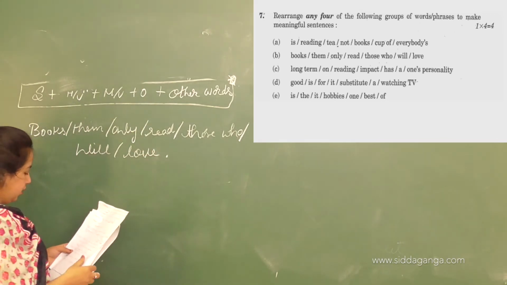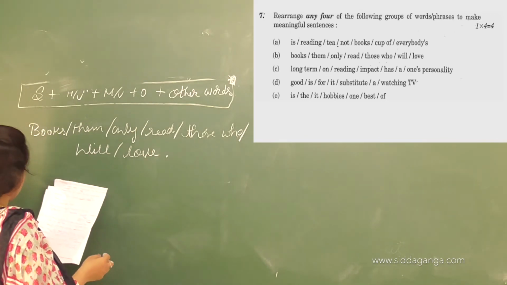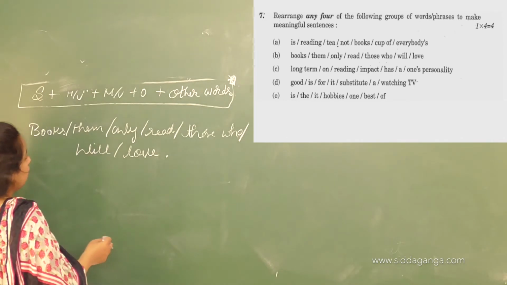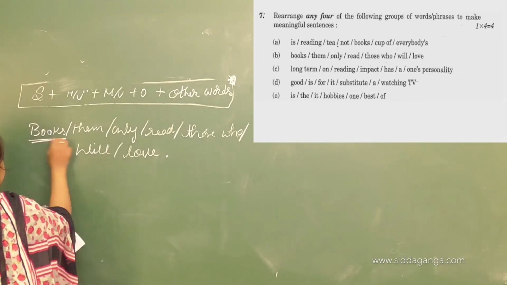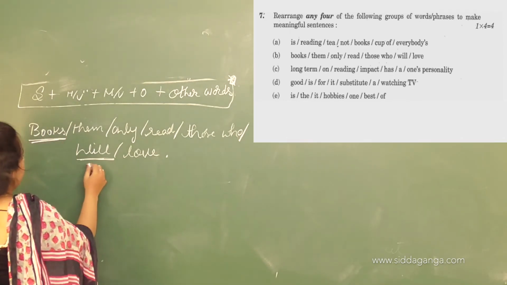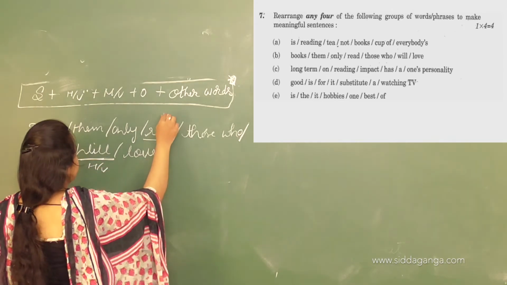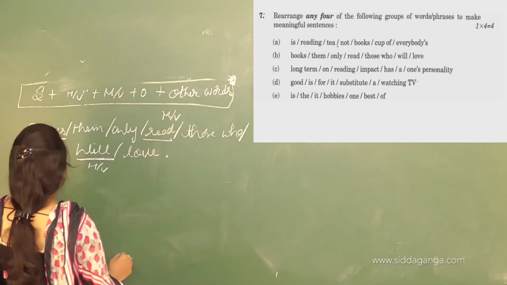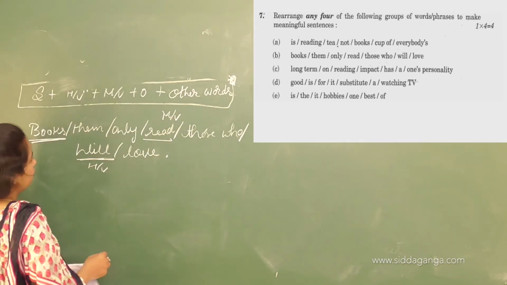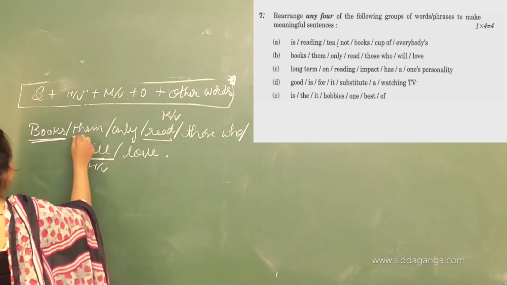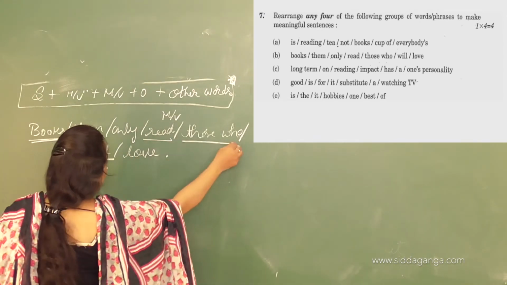Okay, let's talk about this one. Will is the helping verb. Read is a main verb, an action word. So we can get here them also, and those who.